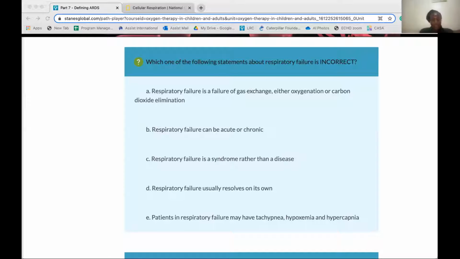I can see some people have answered. Joyce Mutuko says D, Caleb says D. So we are asking on which one is incorrect.